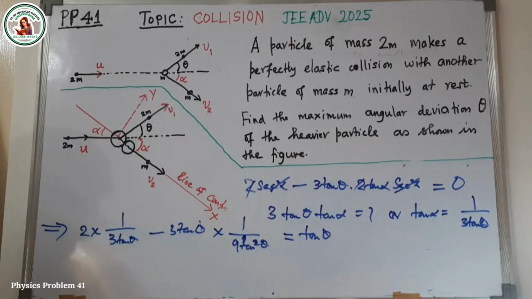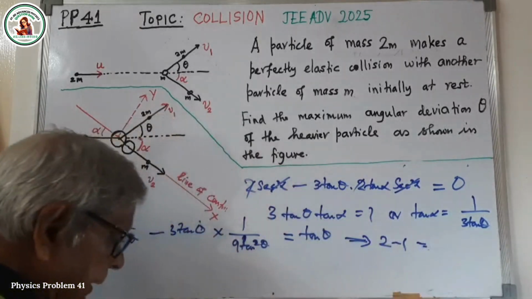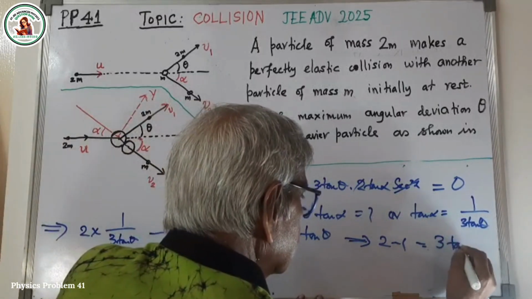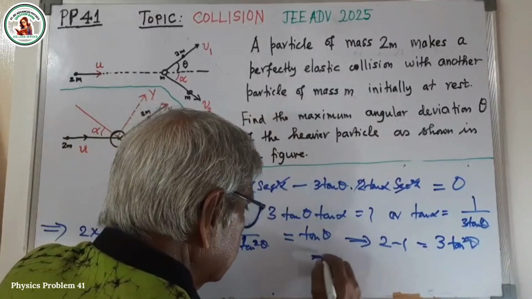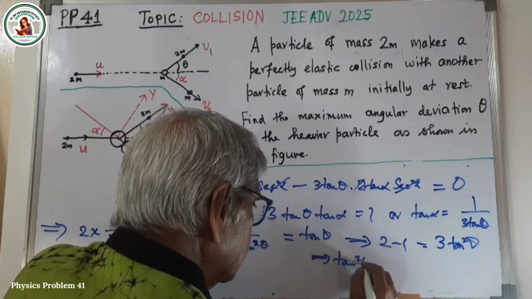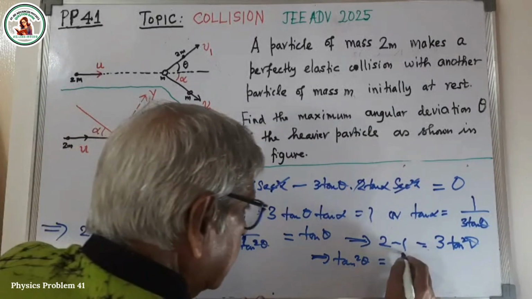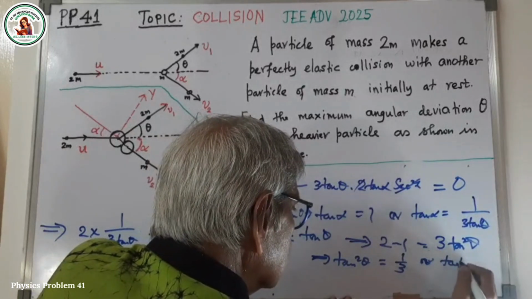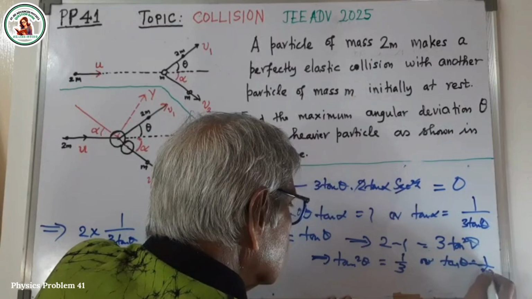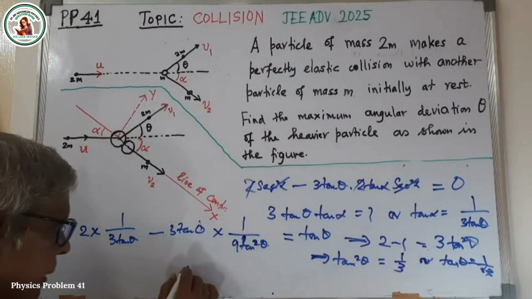So we simplify this. 1 by 3 tan theta, if you take as a common factor, we get 2 minus 1 is equal to 3 tan square theta, which implies tan square theta is equal to 1 by 3, or tan theta equals 1 by root 3, which implies theta equal to 30 degrees.